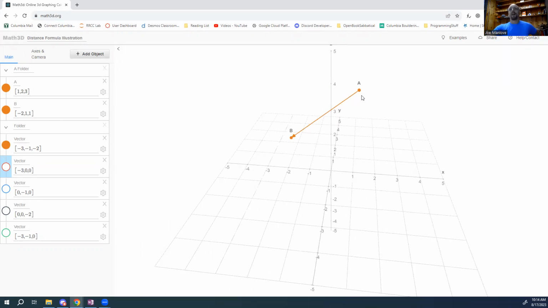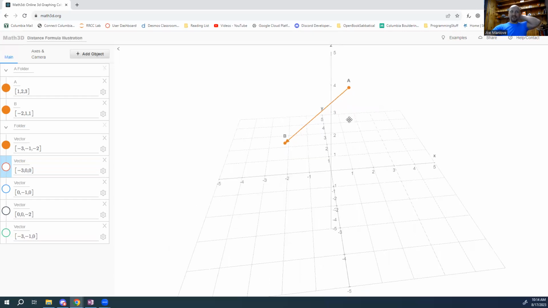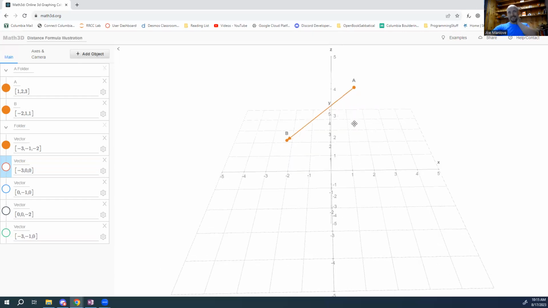I've got this little line that's connecting my point A and B, right? Now I'm interested in how long that line is. So here's a trick. The Pythagorean theorem still works. It just has to be applied in right triangles. And I'm not really quite seeing a right triangle here. So what I'm going to do is think about the steps that I would do to get from A to B.